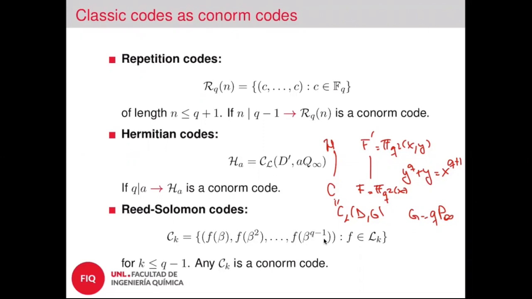And these codes are all cyclic codes, so we can always have a representation of these codes as rational codes in the rational function field, and then using the conorm code, we can have the representation of this same code in a bigger genus.